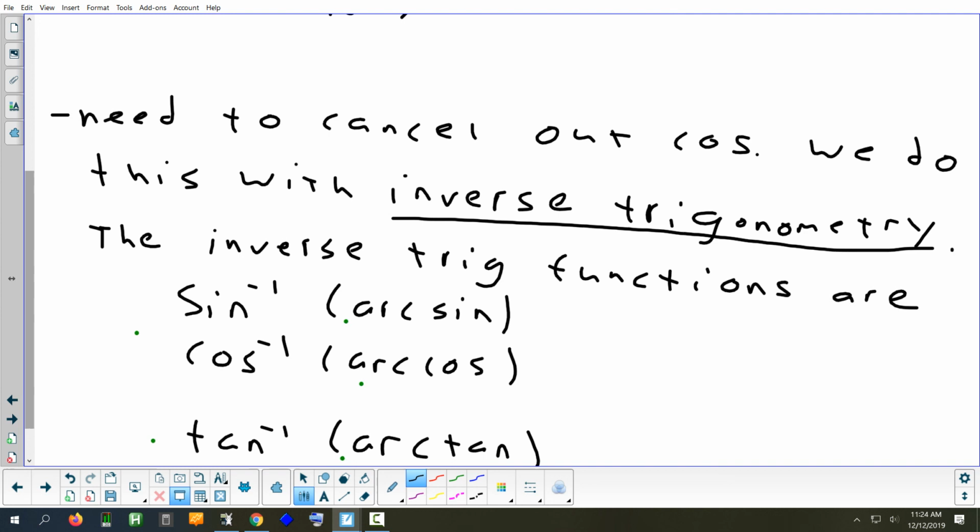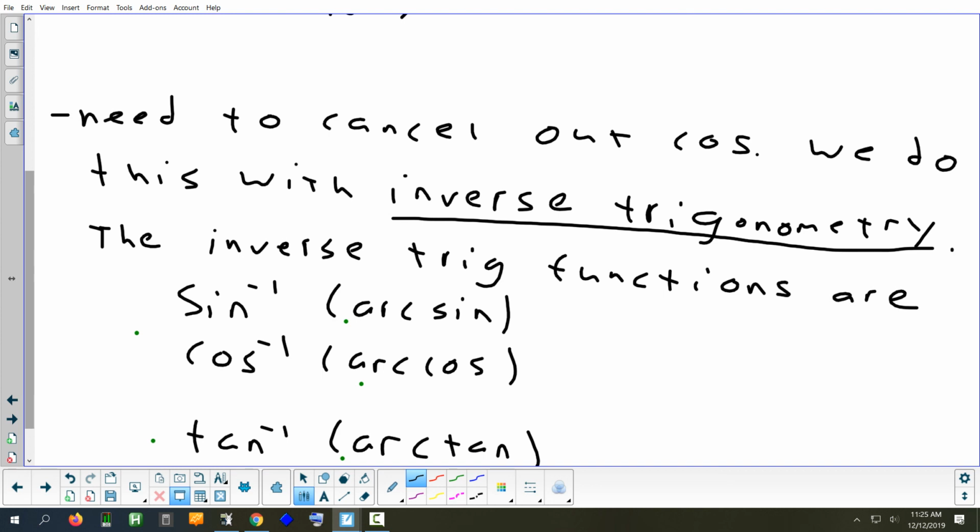What I have in parentheses means the same thing: arc sine, arc cosine, and arc tangent also mean inverse. The way on the left is a more modern way of doing it. You don't see the one on the right as much, but there might be some pre-cal or calculus books that refer to taking the arc sine of both sides, and it means inverse sine.